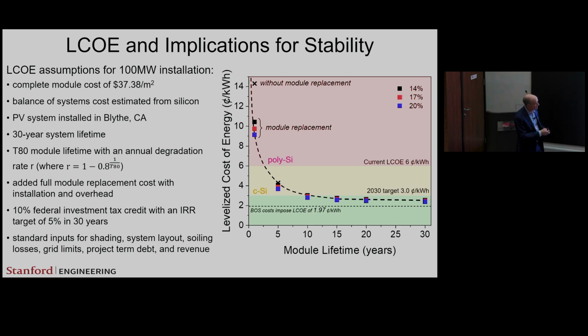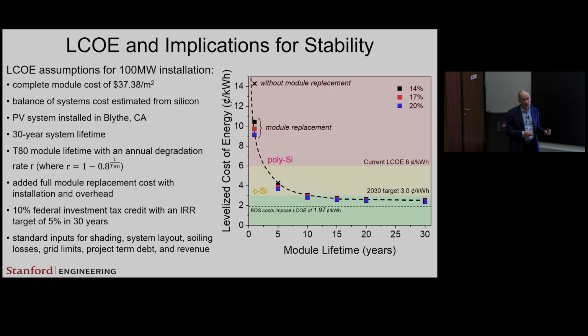Here's polysilicon over here, the levelized cost of electricity, if this were made with polysilicon. And here you would not have to change the modules. Here it is for crystalline silicon. But look at this. With the perovskite module of only 10 years, you are already more cost effective than silicon modules.